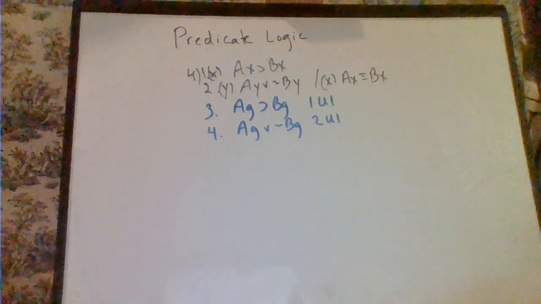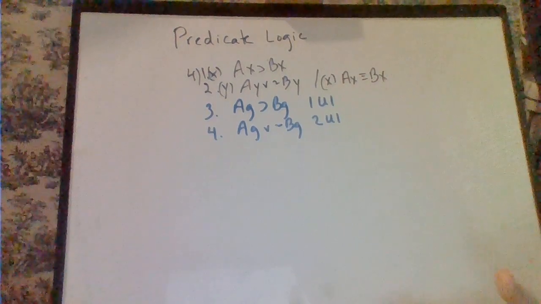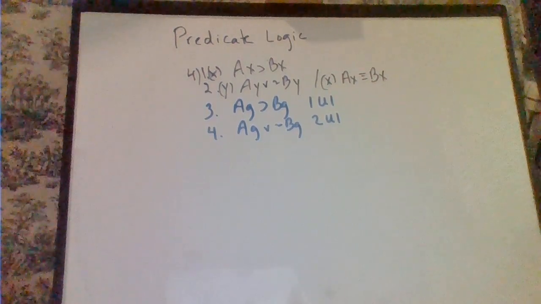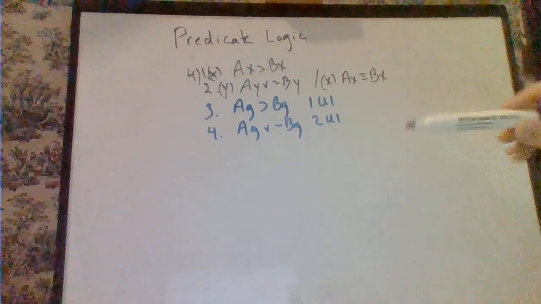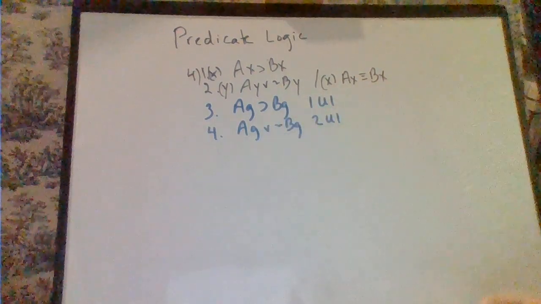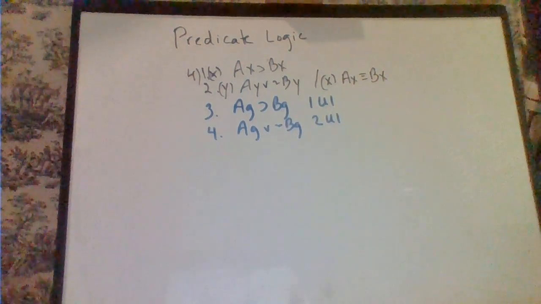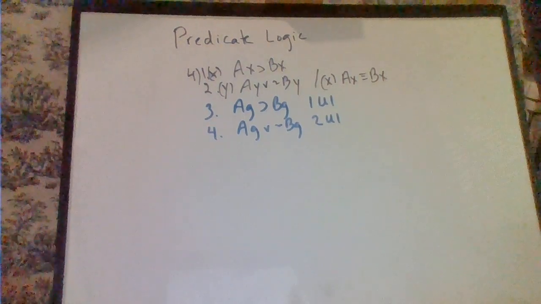The important thing is that in order to be able to work with it using our rules of modus ponens, modus tollens, and all that fun stuff, you have to have the same instantiation letter being applied. So now we can just go on and begin to solve it.